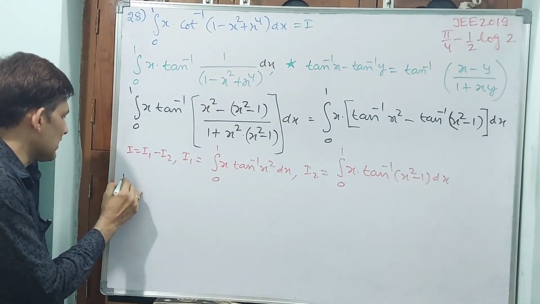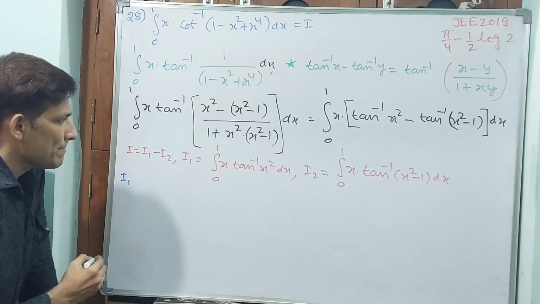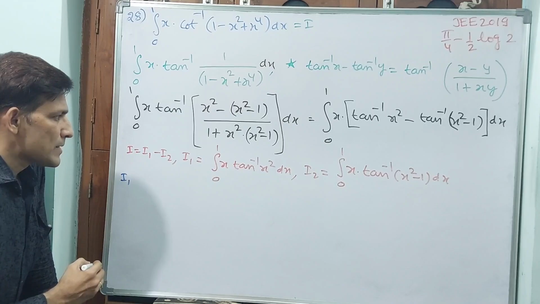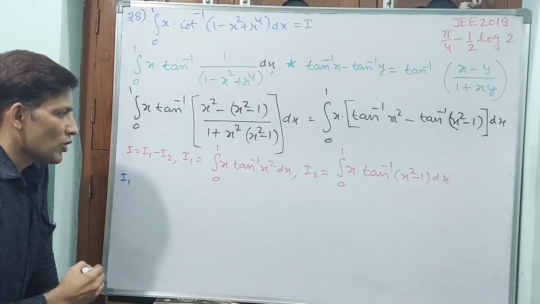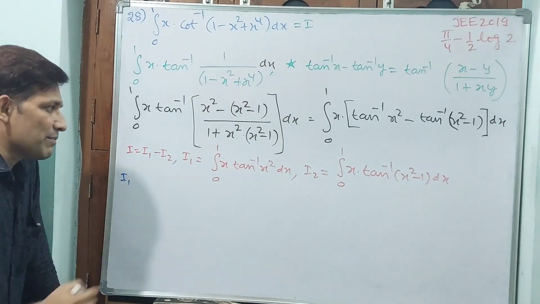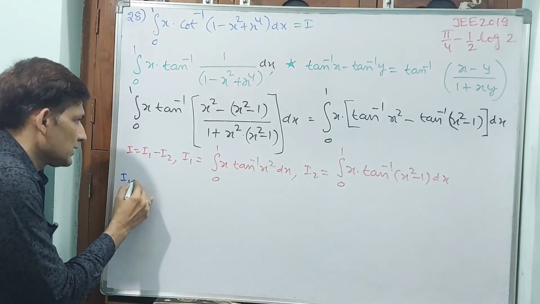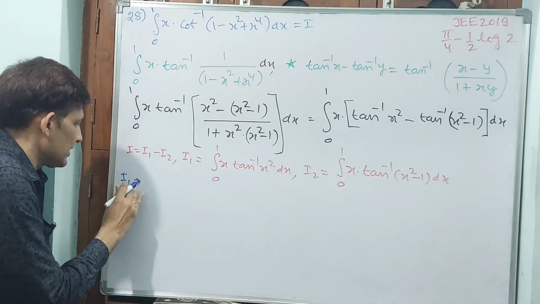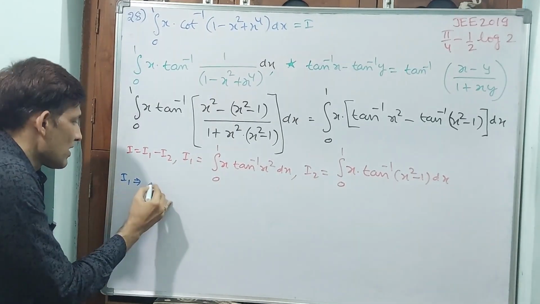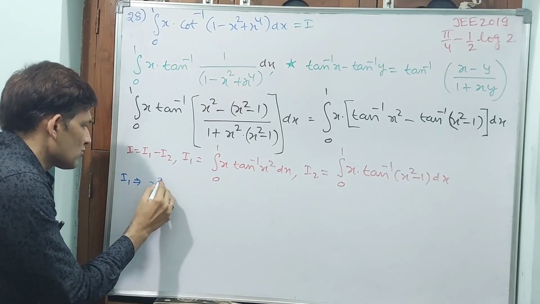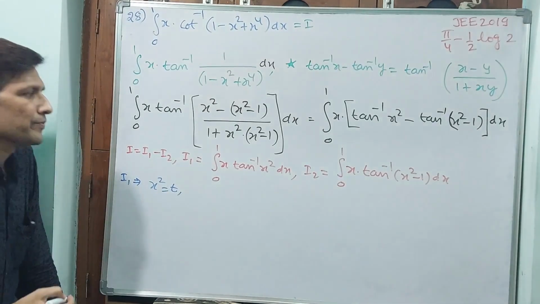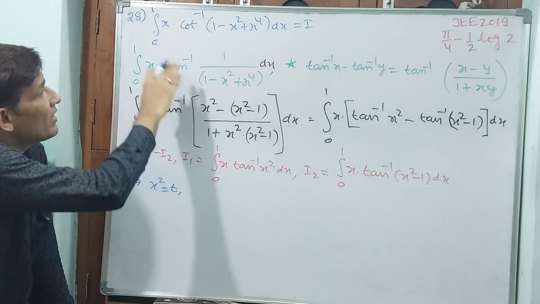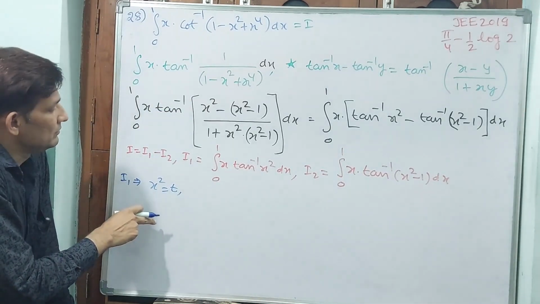I am first doing I1. You take x square as t, because 2x dx will come. While taking I1, I am taking x square equal to t. If you have already used t, take theta.